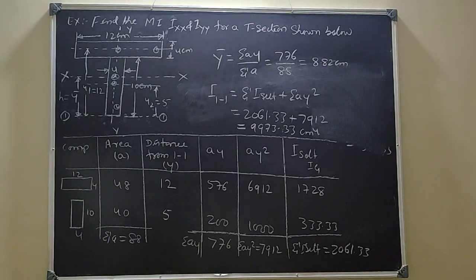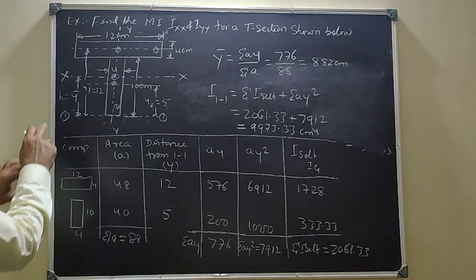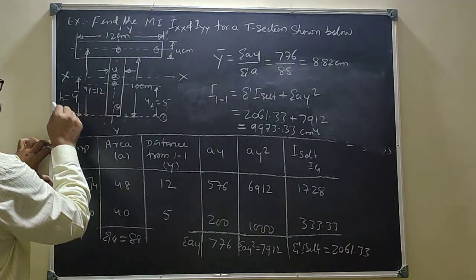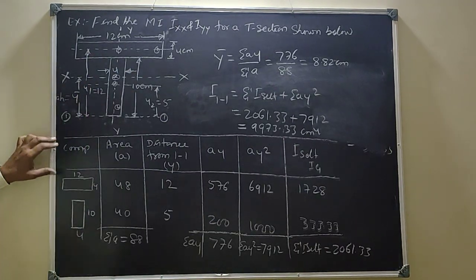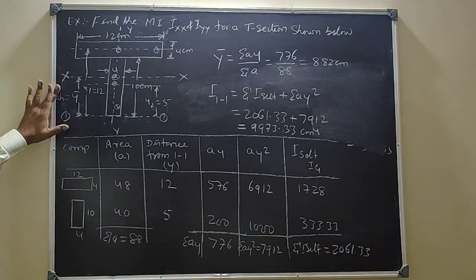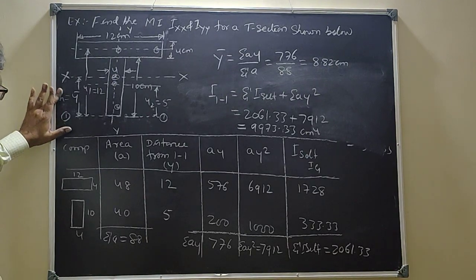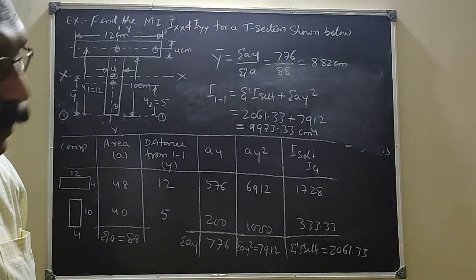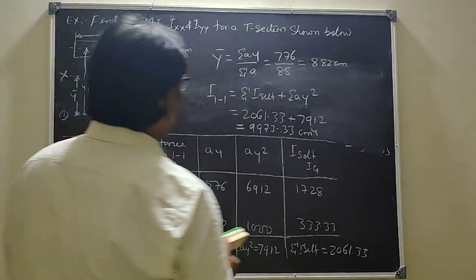In that equation, we have taken ah square, where the total area is taken as a small a.